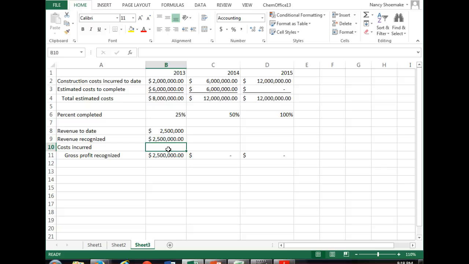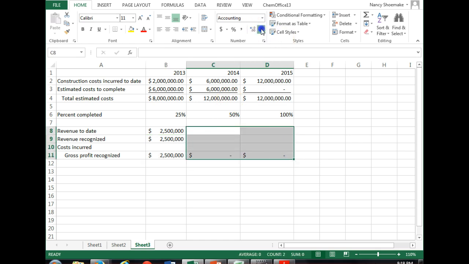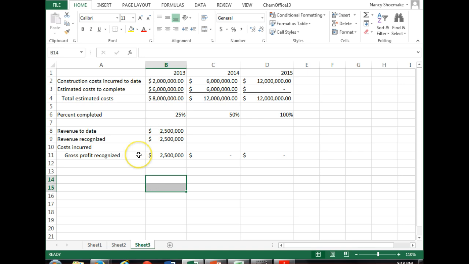How many dollars of costs were incurred? $2 million. We're going to get that figure from here, right? So our gross profit recognized is $500,000. Okay?